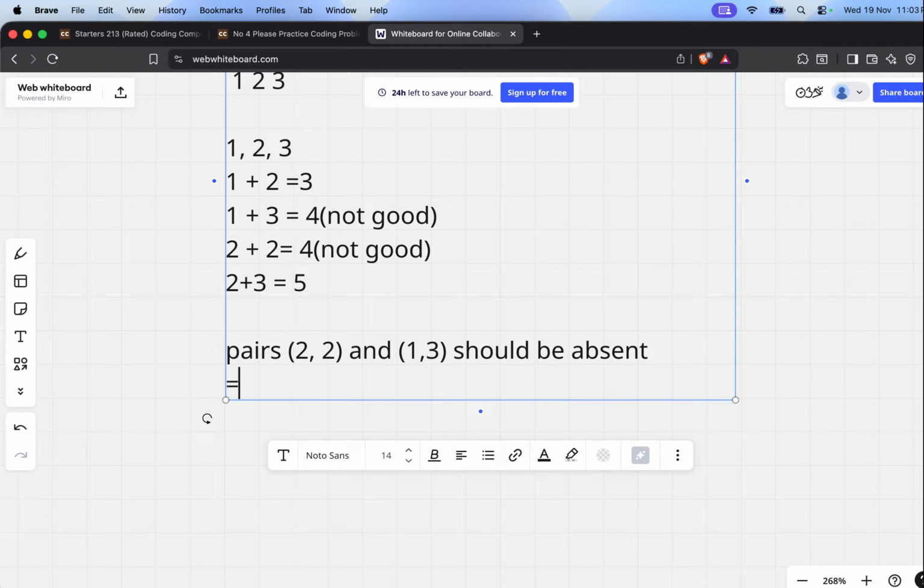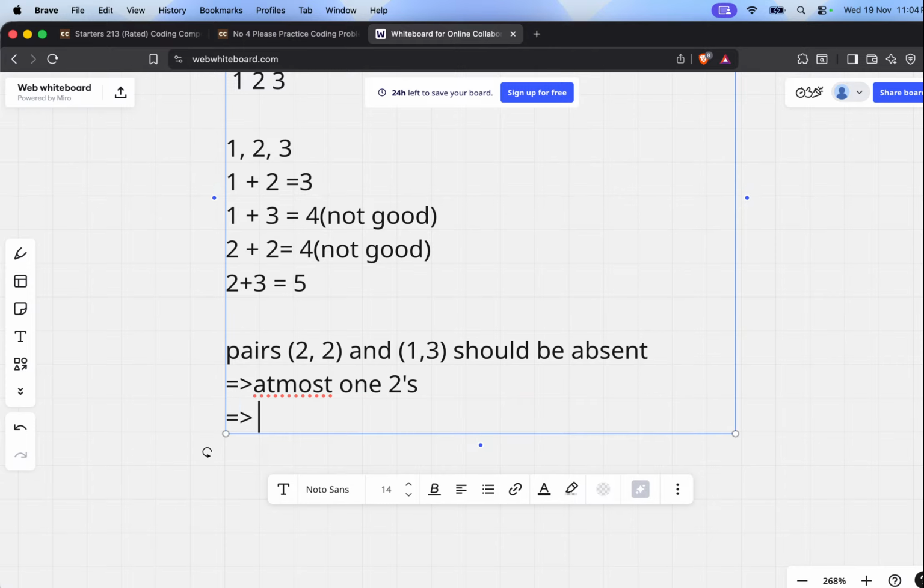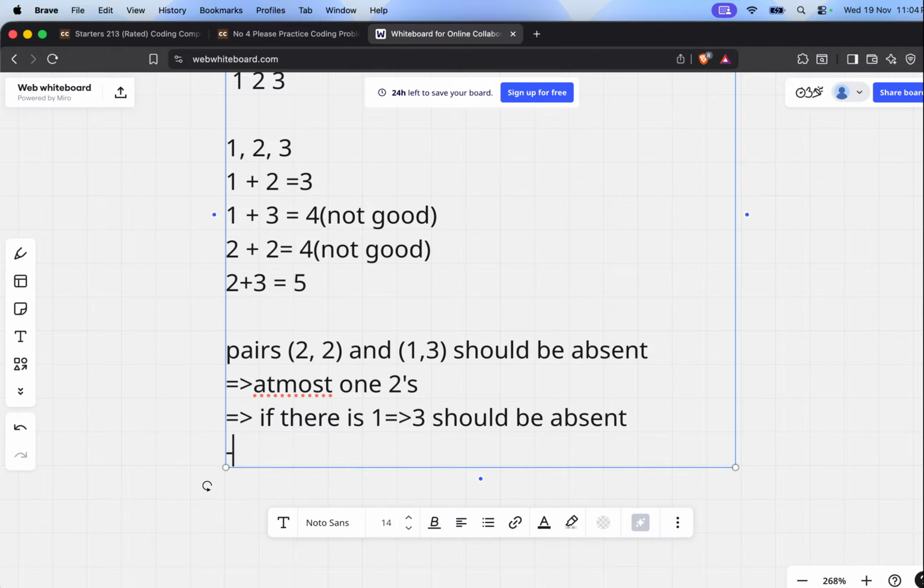There can be at most one 2, and if there is 3, 1 should be absent.